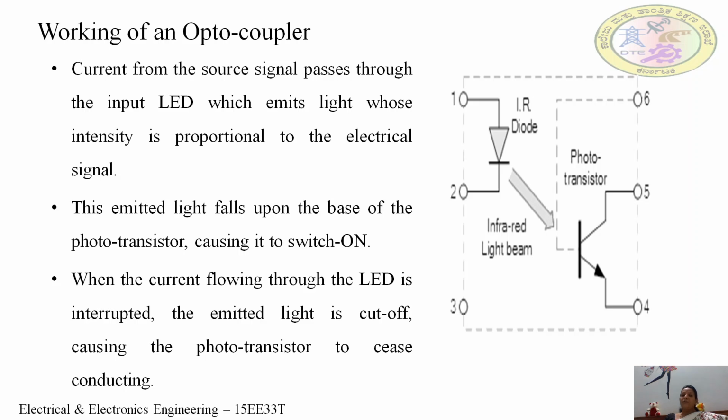The LED will no more emit any light. Hence the phototransistor ceases conducting, because there is no light falling on the base of the transistor. Hence the phototransistor stops conducting. So this is how the signal from the input side is transmitted to the output side of an optocoupler.